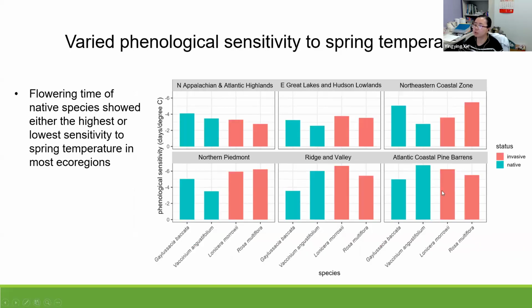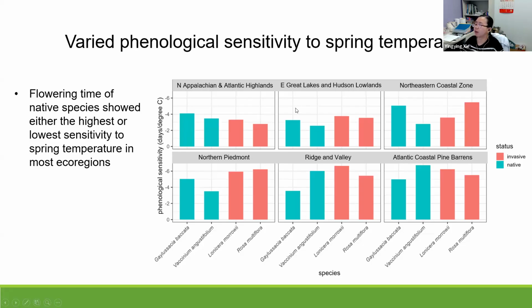Then we are able to use this large data to quantify how they respond to spring warming. I think this is for flowering time. We can quantify how many days the flowering time changes with 1 degree Celsius of warming in spring. The bar shows how strong the sensitivity is. They're all negative, which means flowering will be earlier with warming.